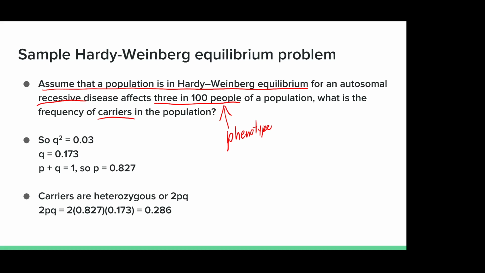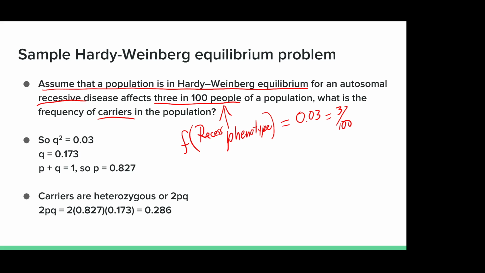I don't remember exactly where it is, but the author notes have a direct link to those pages, and you can spend more time and have a fuller explanation than I gave. So, the frequency of the recessive phenotype is going to be 0.03, which is 3 out of 100.